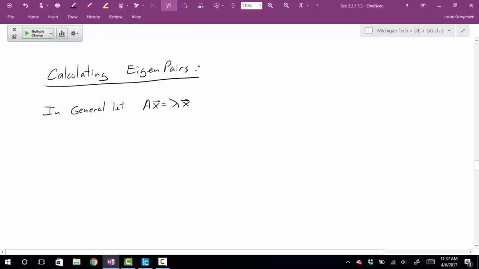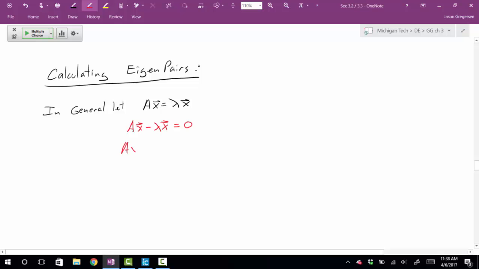Here's what we're going to do. There's really two equations we're going to work from. So first, I'm going to give you the general, not super theoretical, reason why these equations are important, the reason why they're there. And I'm going to say we're going to do this and this, and that's how we're going to calculate them. The idea is we start with this equation. I take this equation, I subtract off. These are the steps that you're actually going to use. If I were to subtract that over, I would get this thing.